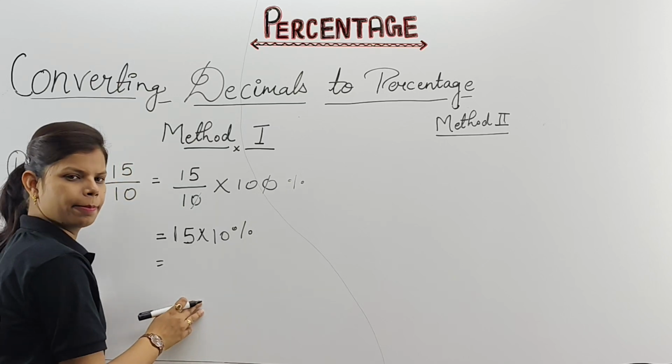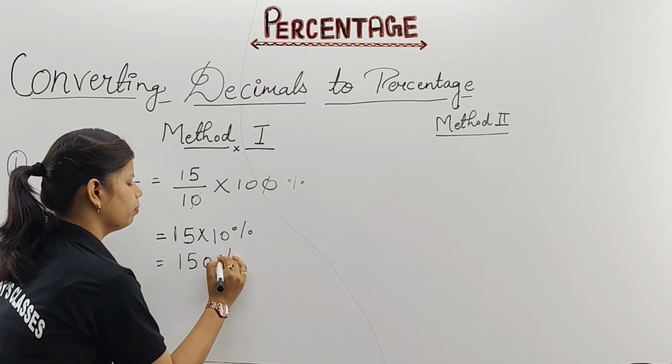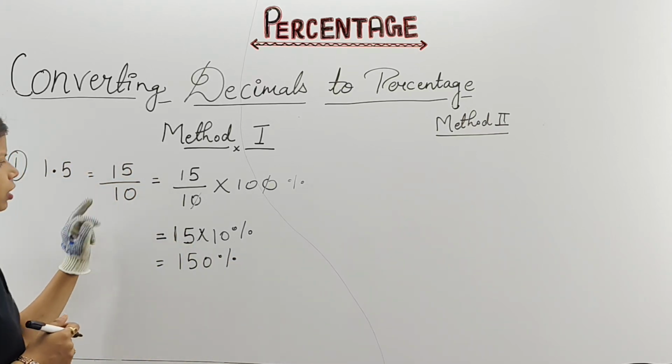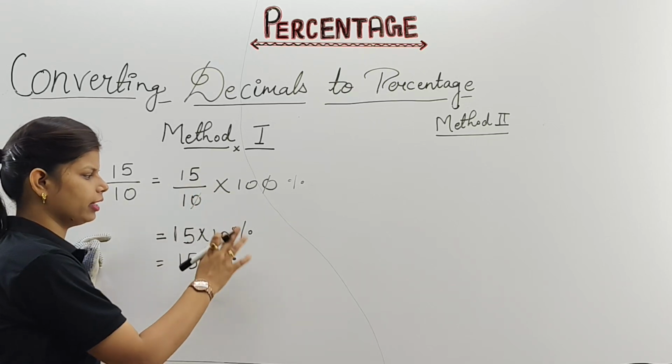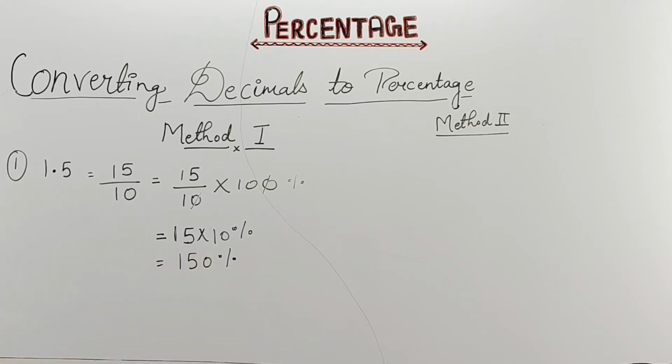Any idea? Okay, fine. Then we will get 150%. This is your first method, where we have used the fractional form, then multiplied with 100%, and we get the answer 150%. Please note it down. Then I'll go with the second method.